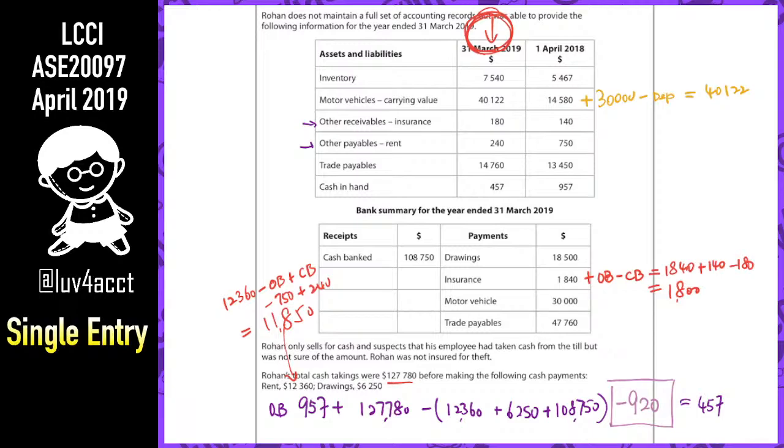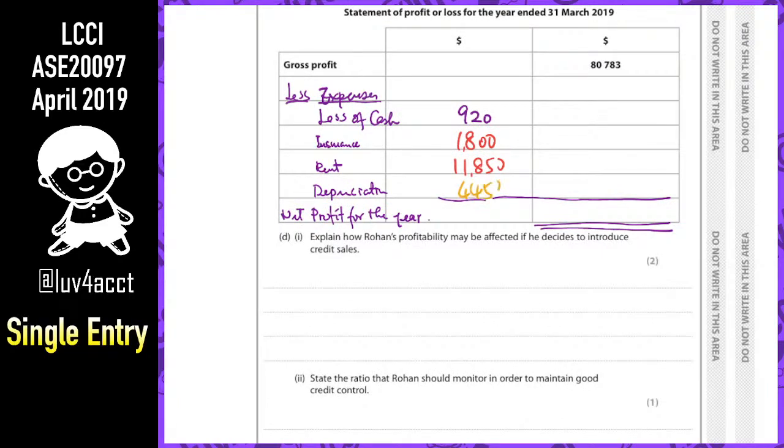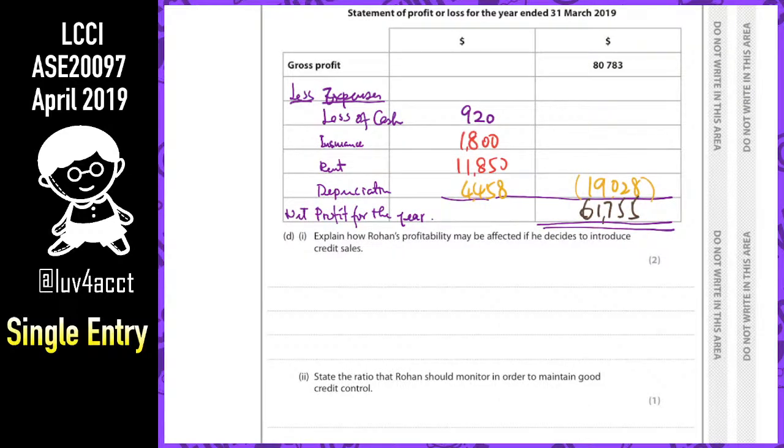Okay, depreciation 4458. Okay. 950, 19028. $61755 net profit for the year.